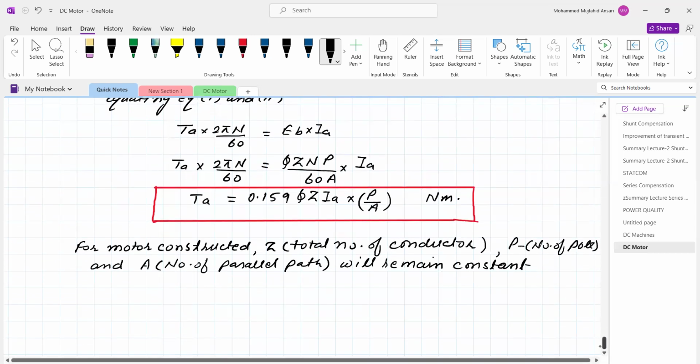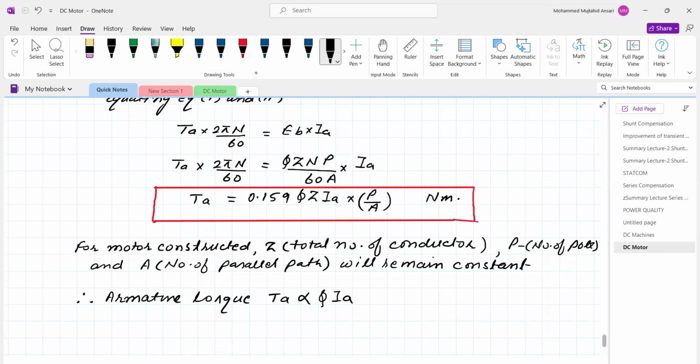Therefore, armature torque TA is directly proportional to flux into armature current. So this is our required equation.